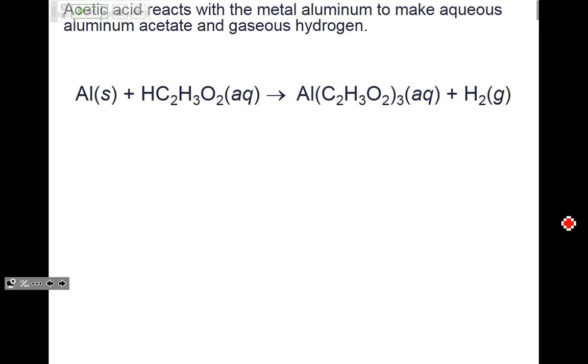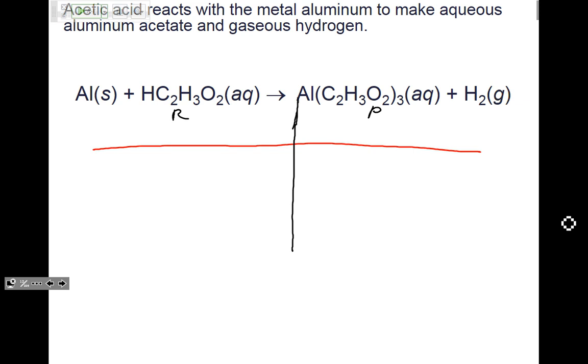So again, I'm going to make my nice little chart because I think it's the easiest way to explain what we're doing. Oh, my chart's in red this time. And I just put reactant and product so I don't get lost when I'm doing these. Okay, so in our reactant side we have aluminum, hydrogen, carbon, and oxygen.